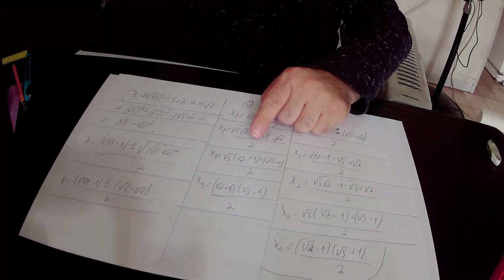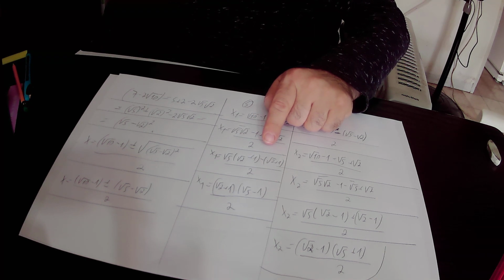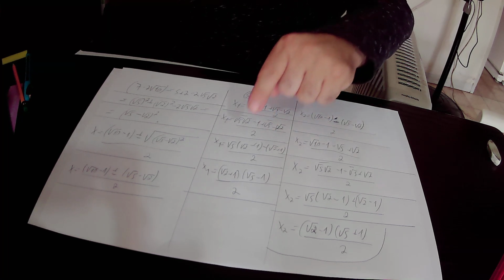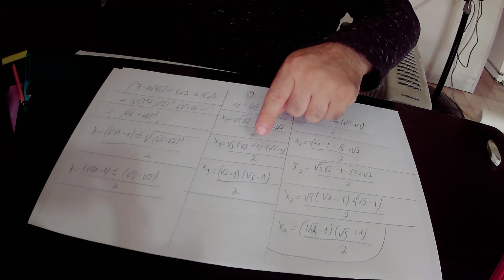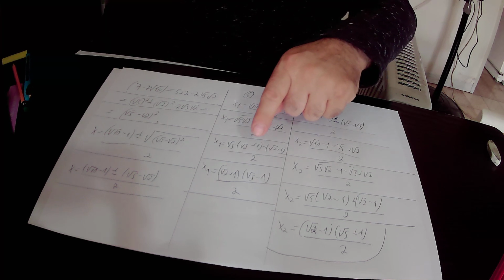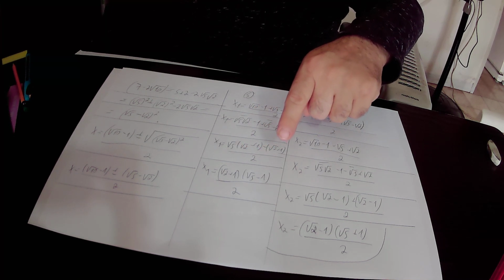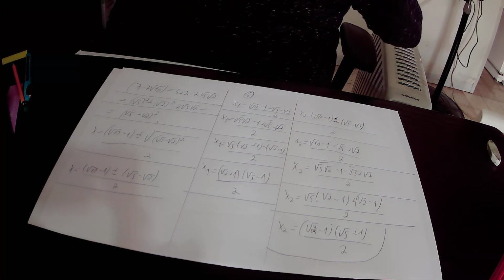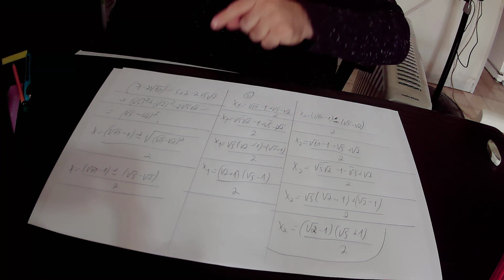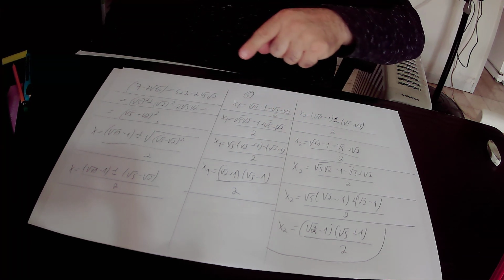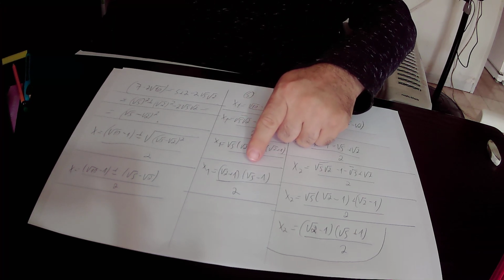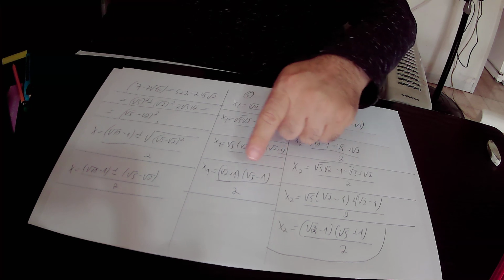Here we took square root of 2 plus 1 as a common factor, and inside the brackets we are left only with square root of 5 minus 1, over 2. So in conclusion, we found out that the first solution to the quadratic equation is x1, that equals (square root of 2 plus 1) times (square root of 5 minus 1), over 2.